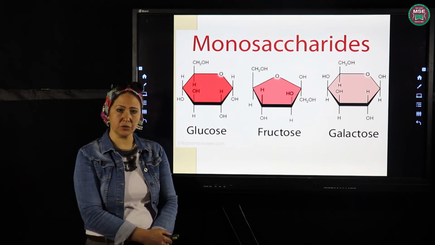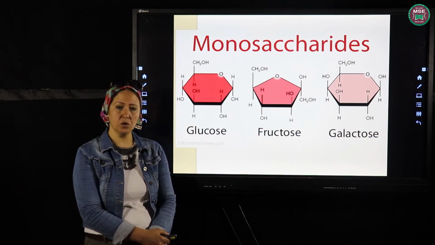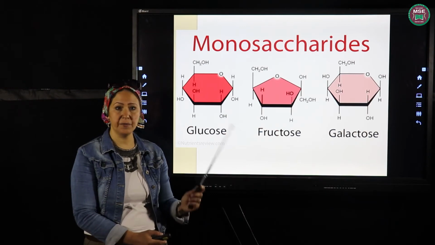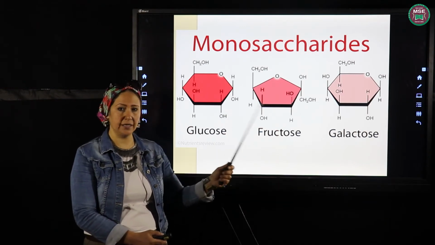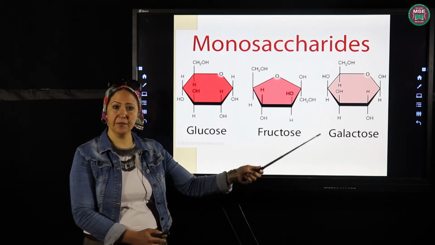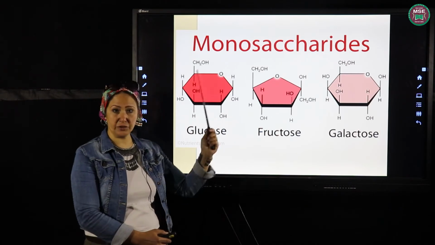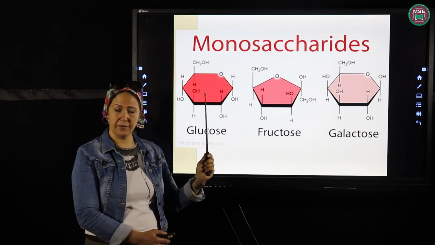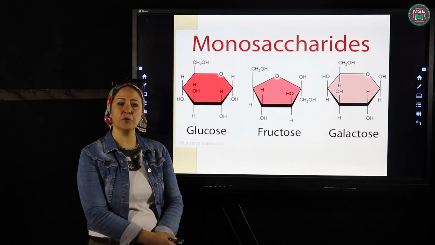So the chemical formula of glucose, fructose, and galactose is C6H12O6. But they differ from each other in structure, as we see. This hexagonal shape means this sugar consists of only one monomer.